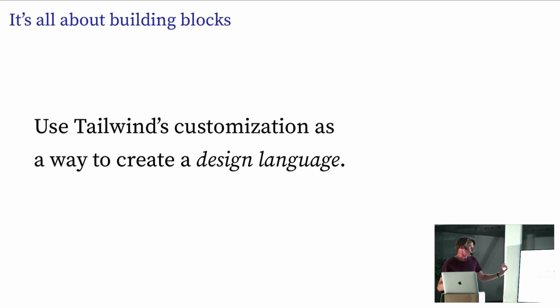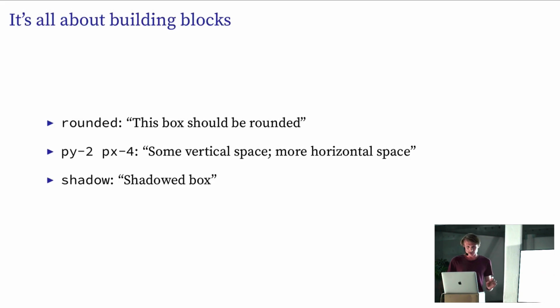So these are kind of, I have more examples. For instance, if you're thinking in the CSS world, and if you're writing a lot of CSS, you're constantly thinking, oh yeah, I want a border radius of how many pixels. But once you start thinking in the Tailwind world, you start thinking, oh, this box should be rounded.